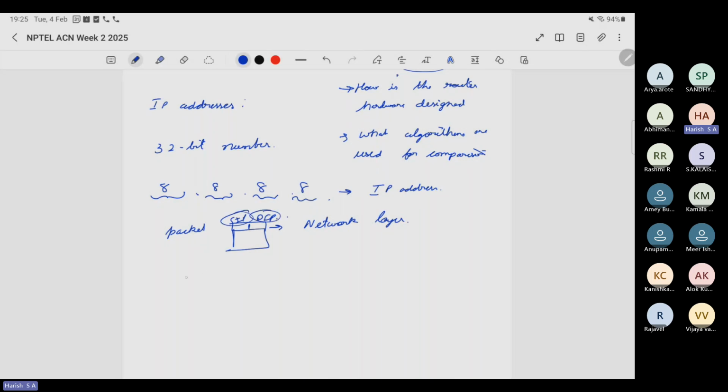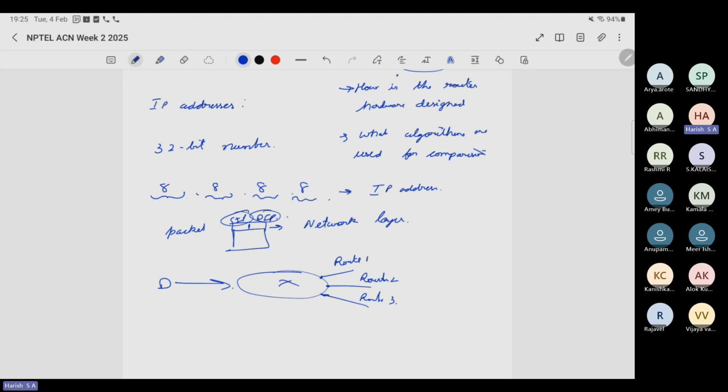So whenever a packet comes into the router, this is the router, and a packet is coming inside the router. It has to make some decisions and put the packet onto one of multiple outputs. Okay, this is route 1, route 2, route 3.